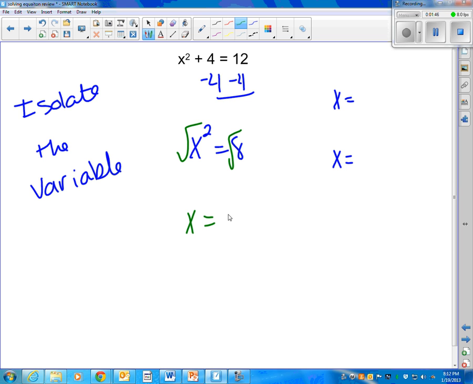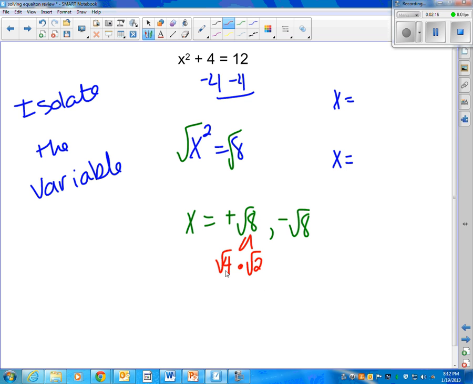x is equal to positive square root of 8 and negative square root of 8. There's your two solutions. Now remember with square roots, just like fractions, you have to reduce them. So I'm going to start a factor tree. In the past, we took them all the way to prime numbers. I'm going to tell you it's the same as the square root of 4 times the square root of 2.